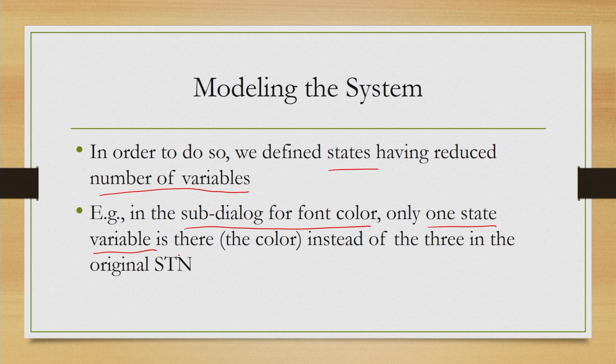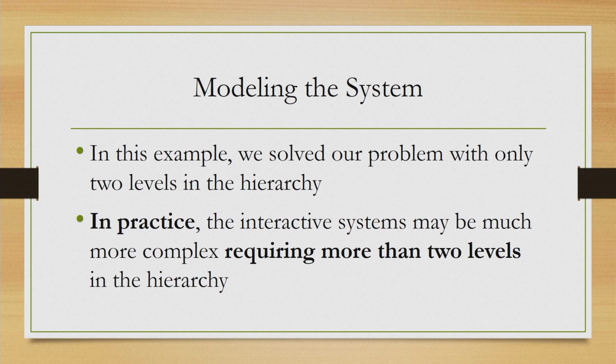Unlike in the previous case where we were trying to model the whole system with a single STN, where we defined 3 state variables for each state, which led to 416 combinations. Now, if we have only one variable which can take only 2 values, then there are only 2 states. So, we will be able to manage this sub dialog model in much less space.